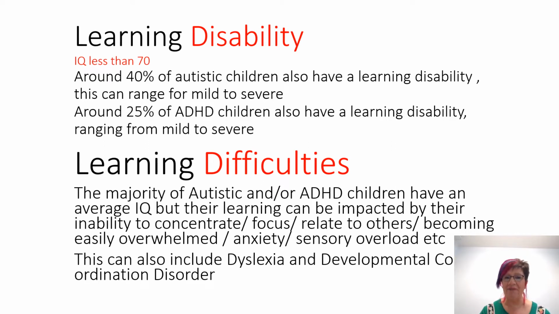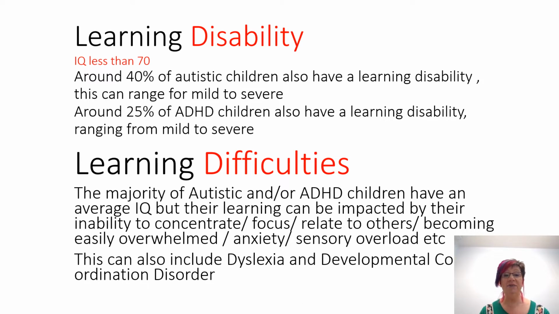So they've got an average IQ, but their learning is impacted by their inability to concentrate, their inability to focus, relate to others. They become easily overwhelmed. They might have some anxiety issues or some sensory overload. So that impacts on their ability to learn, but it doesn't impact on their average IQ level.